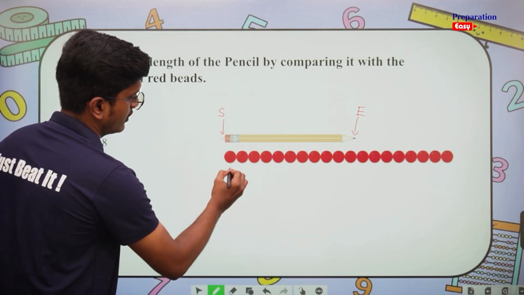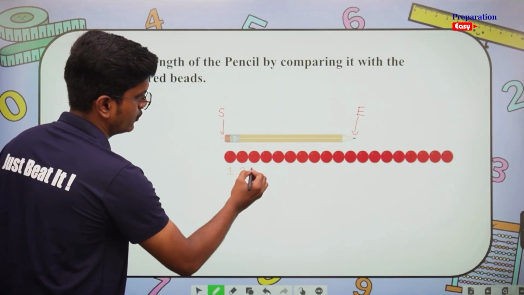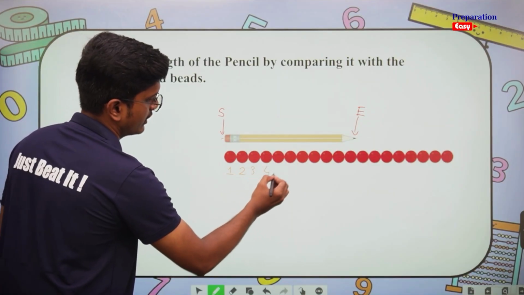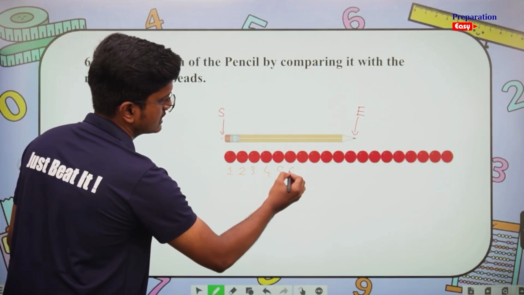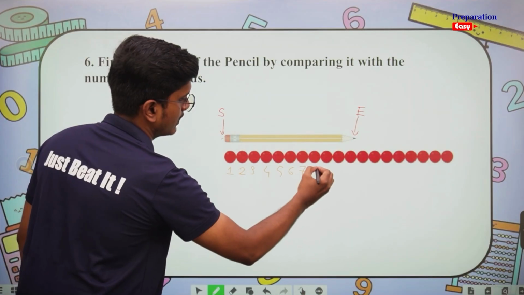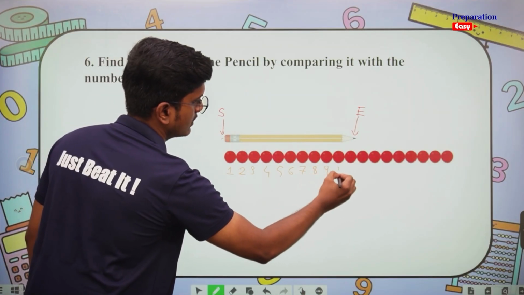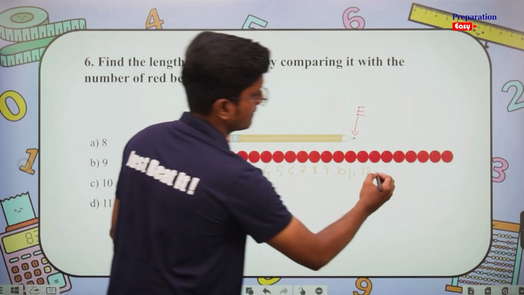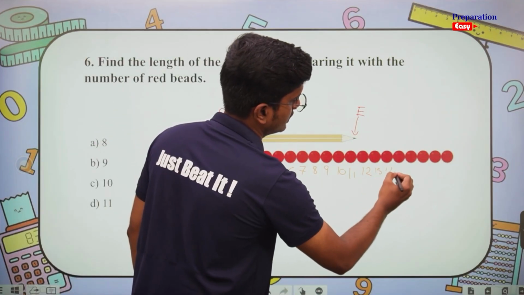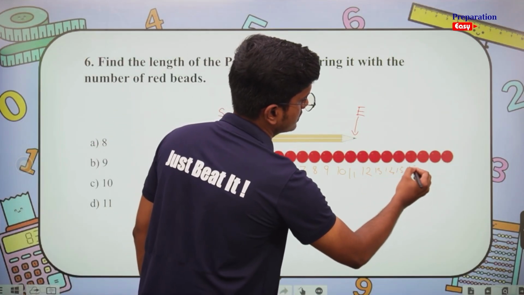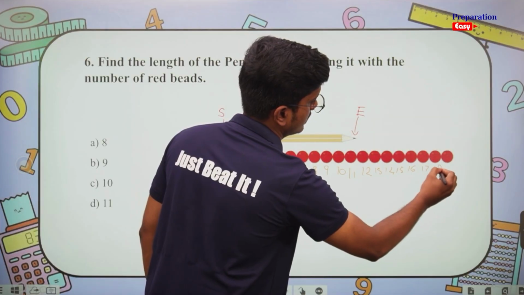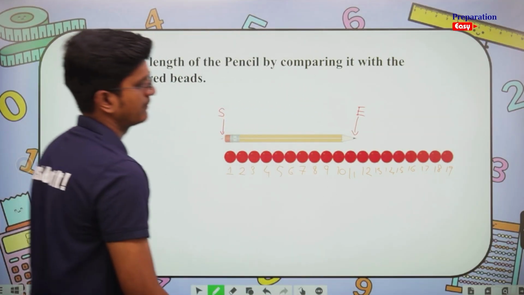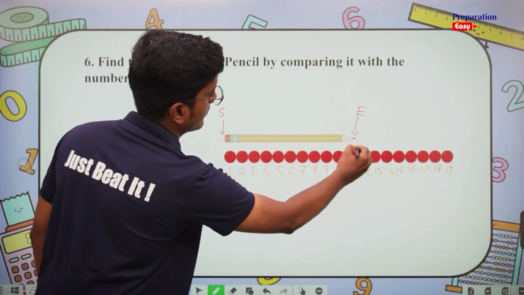We have 1 dot, 2, 3 dots, 4, 5, 6, 7, 8, 9, 10, 11, 12, 13, 14, 15, 16, 17, 18 and 19. So where are we ending?